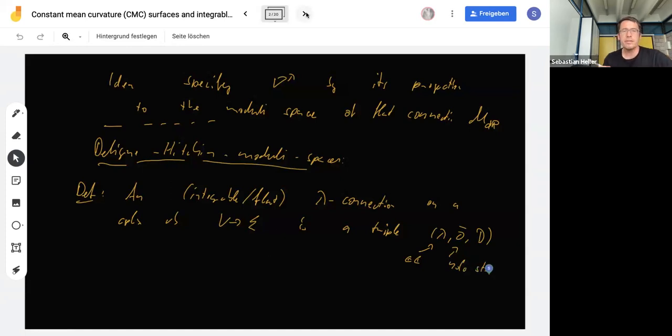So del bar gives us the structure of a holomorphic vector bundle V over the Riemann surface. And D is a first order differential operator, which maps sections in V to 1-0 forms, or likewise sections in K tensor V, such that we have a Leibniz rule which is rescaled by this element lambda.